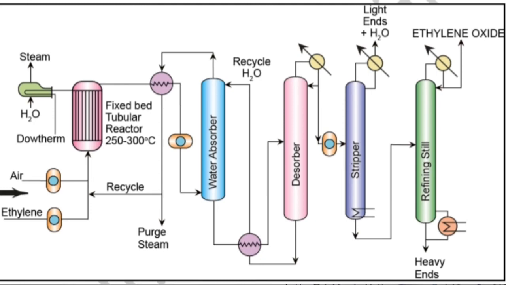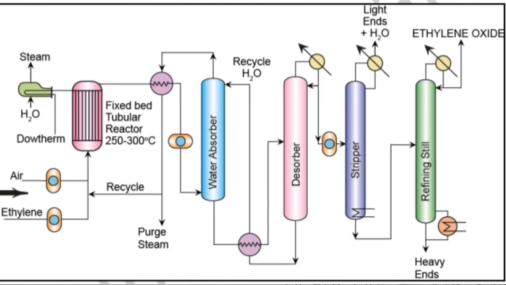The absorbed ethylene oxide is sent to a packed bed desorber, then a stripper, and then it is taken from the refining still as overhead product.